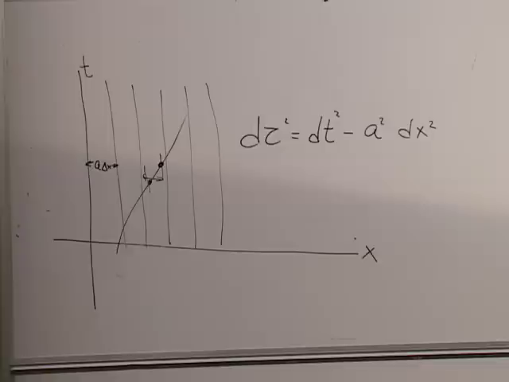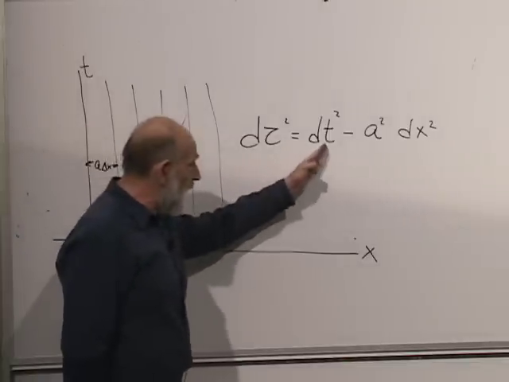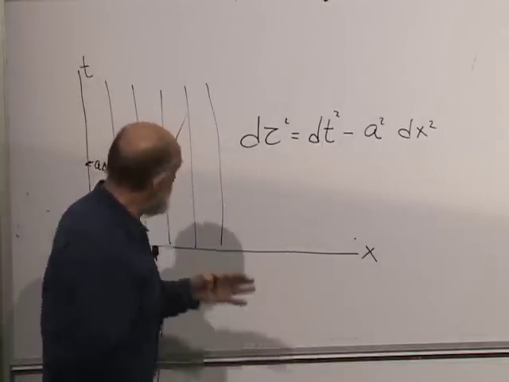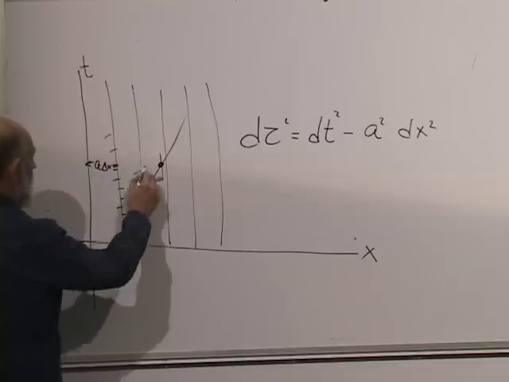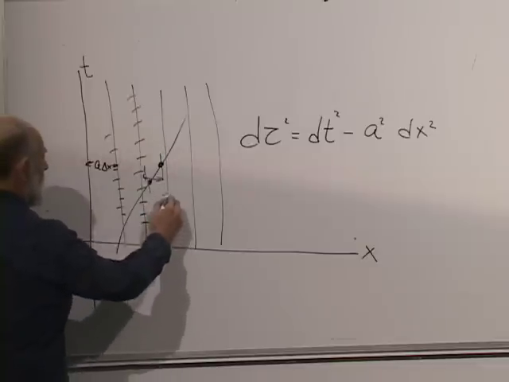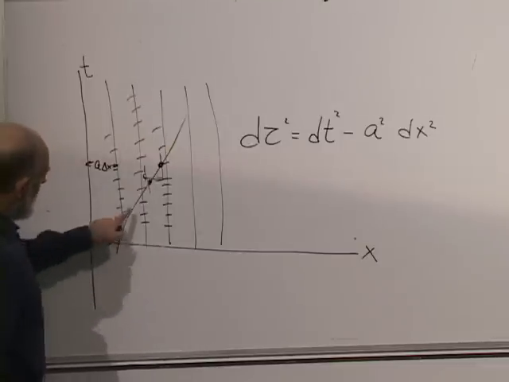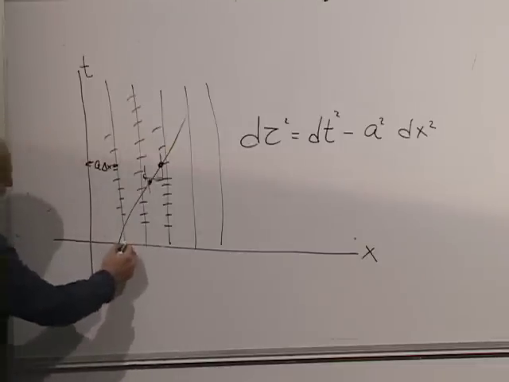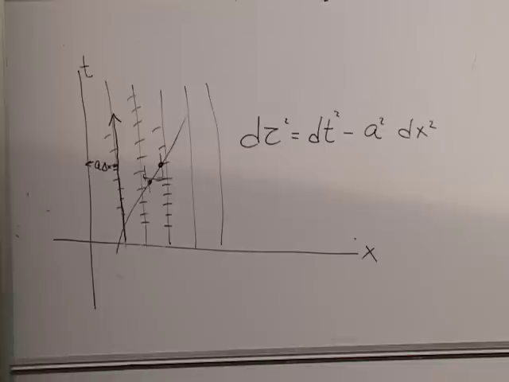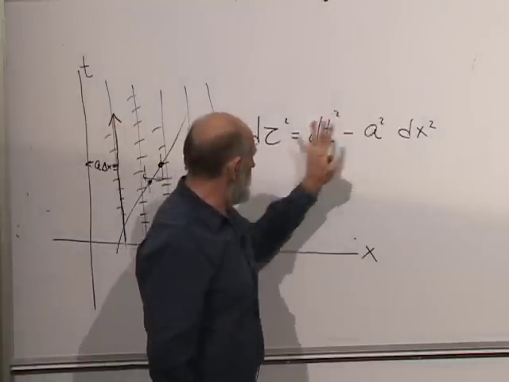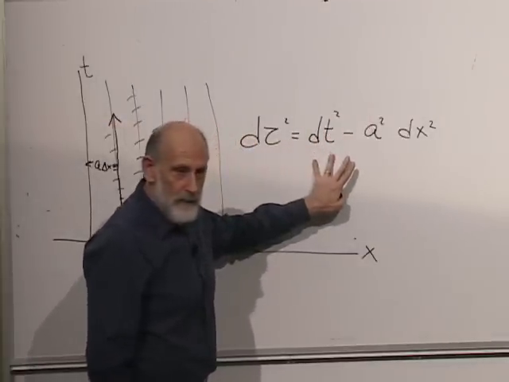All right, so here is our formula now for the proper time along a trajectory. It's not just dt squared. Now t here is time measured by ordinary clocks moving with this galaxy. If x didn't change, if we were talking about observations along a galaxy, we wouldn't have any dx squared, and we would just say the proper time was the ordinary time.